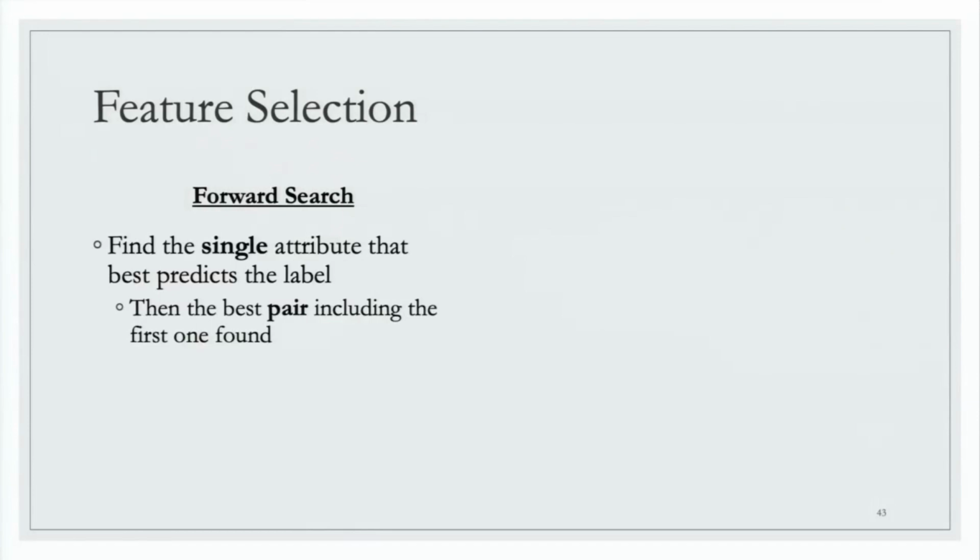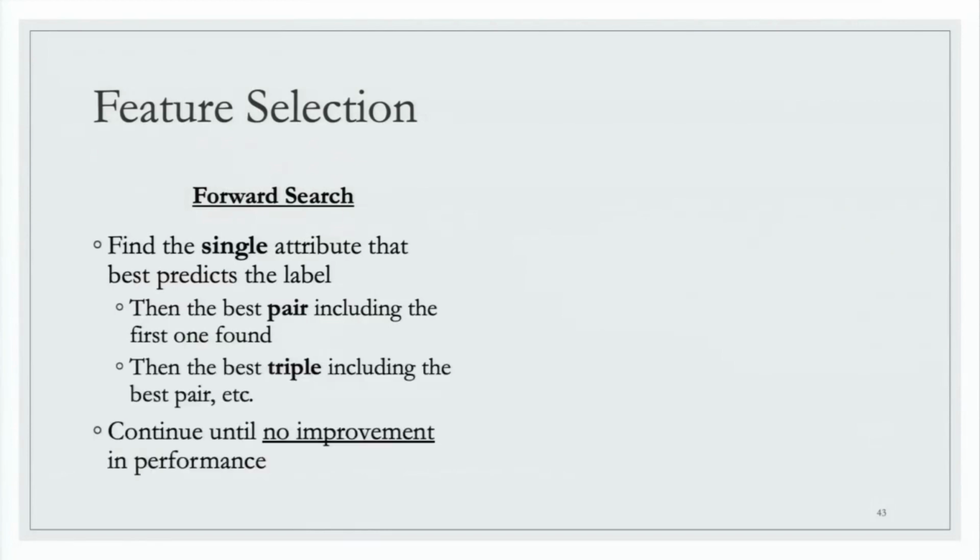And if that is better than age alone, keep going. Next test the best triple, then the best four attributes, etc. And we continue until it's not helping our performance anymore. So we're not getting a more accurate prediction by adding in attributes. So this is a bottom-up approach. Start small with only one attribute, and consider more and more as you go along.